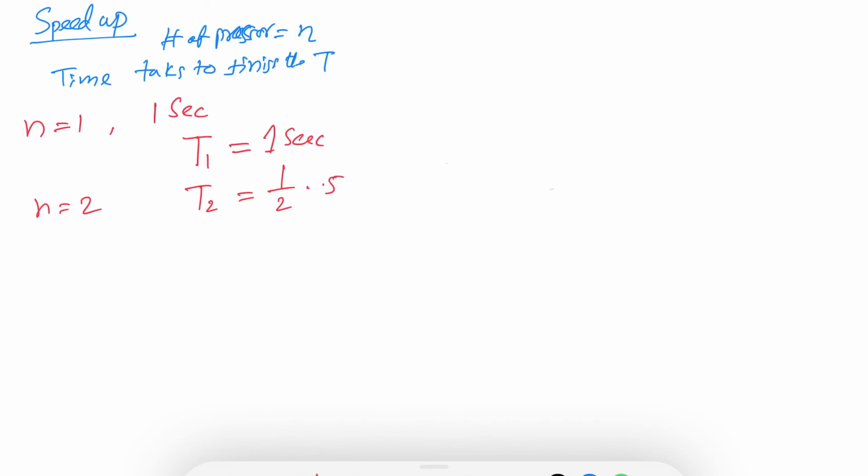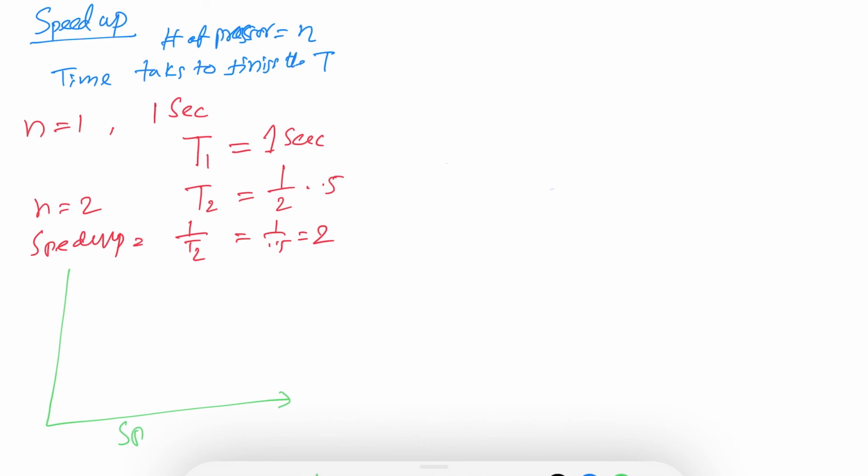And so the speed up will be 1 upon t2, which is 1 upon 0.5, that is twice. That makes sense. Once it takes 1 second for one processor, half a second for two processors. Let's draw a graph.